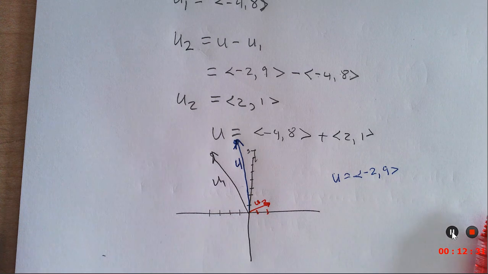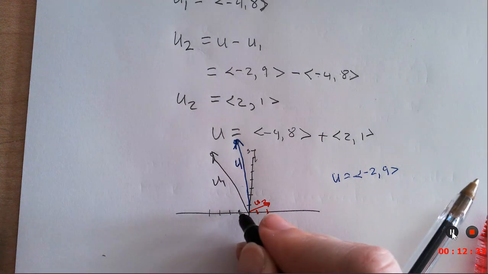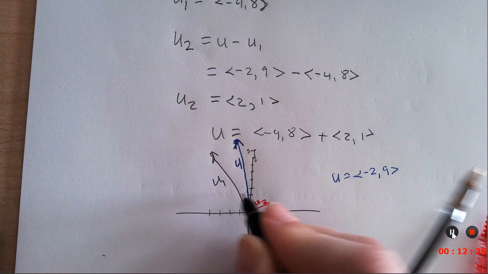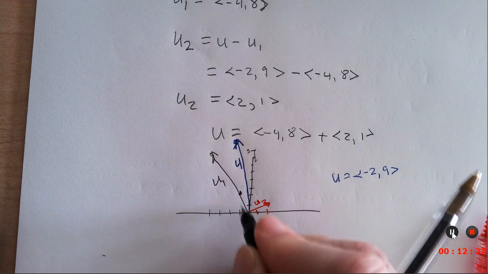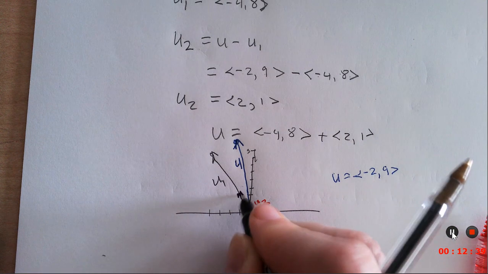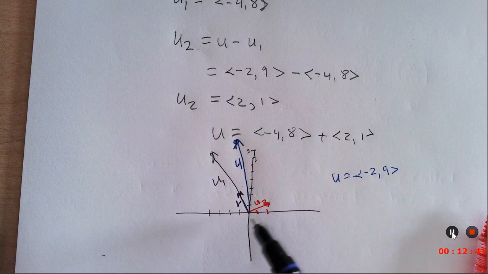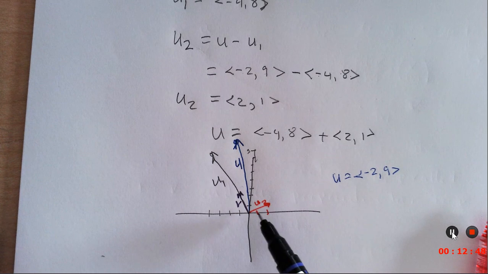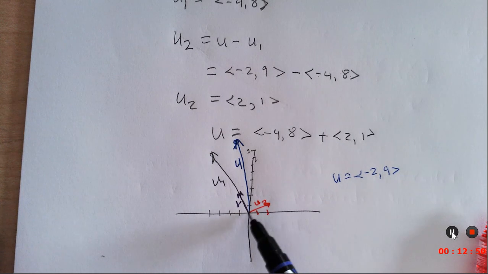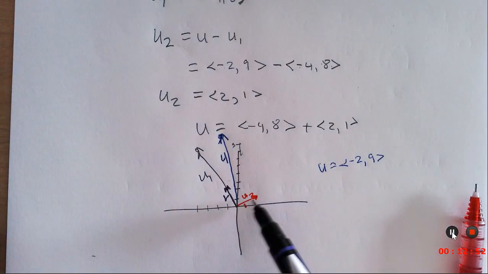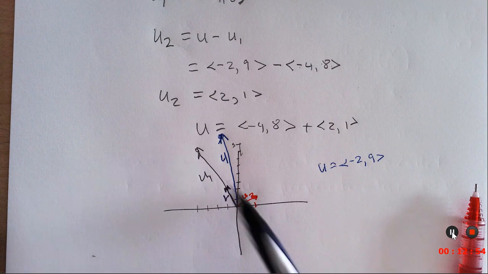Need a third color. Negative 1, 2. So that's v. So is u sub 1 along v? Well, it definitely is. And then is u sub 2 perpendicular to v? You can visually see that it is.